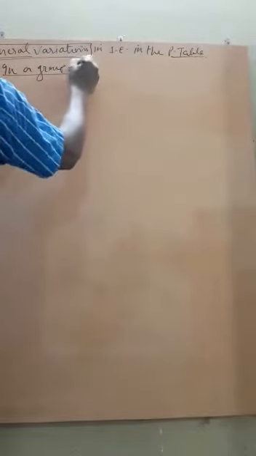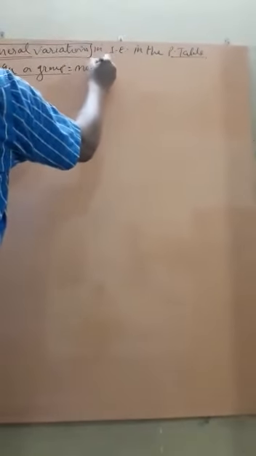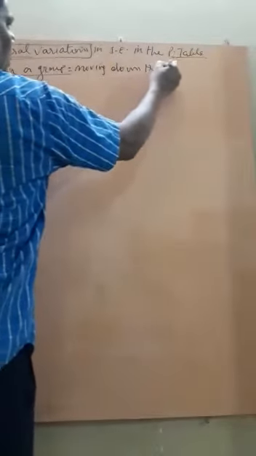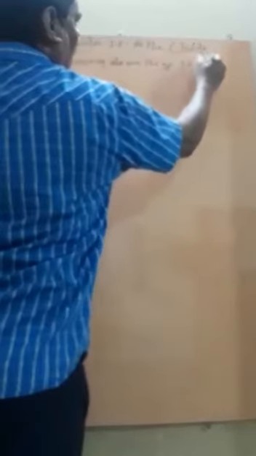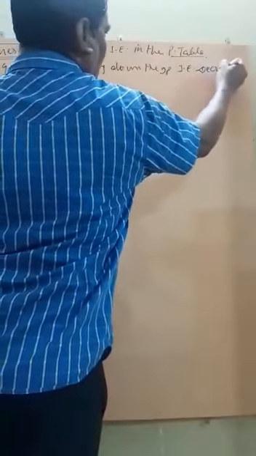In a group, moving down the group, ionization enthalpy decreases. Ionization enthalpy decreases. Now, what is the reason? So we can call it explanation.